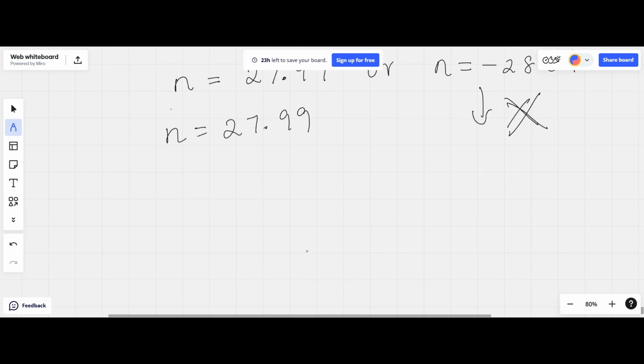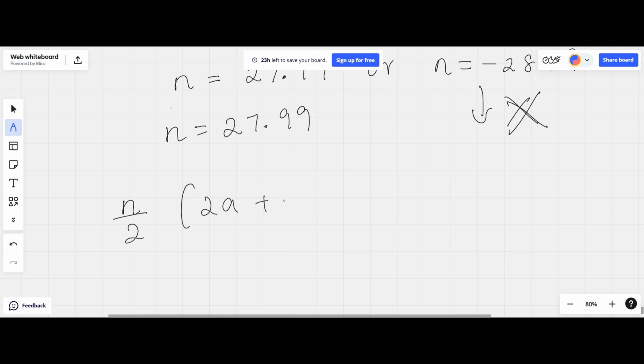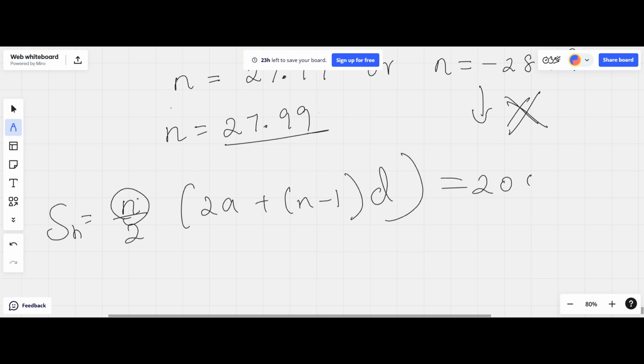It means in this equation, in the formula for the sum, if you put n as 27.99, you will get 2000. So if you need to slightly exceed 2000, what you can do?